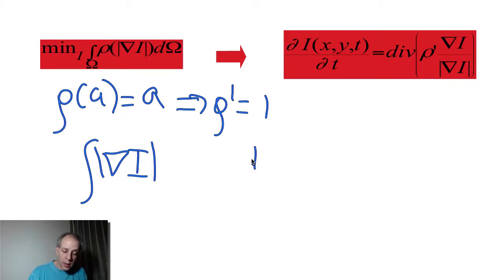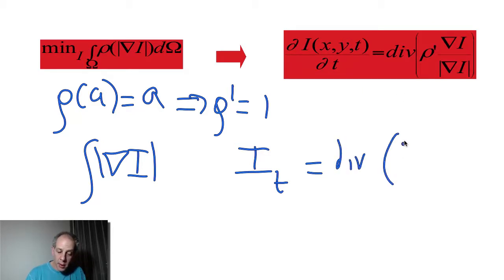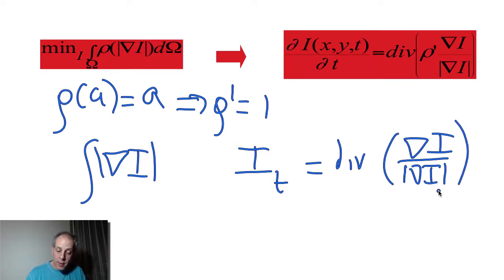And then what do I get as the Euler-Lagrange equation of that? So rho prime is now a constant. So I get the divergence of the gradient normalized by the gradient.